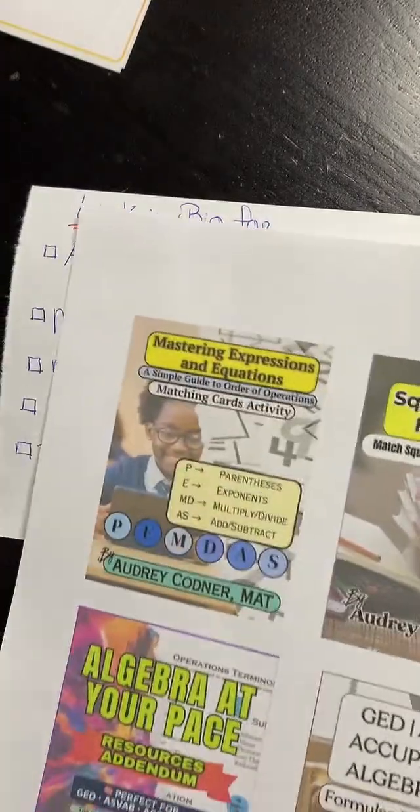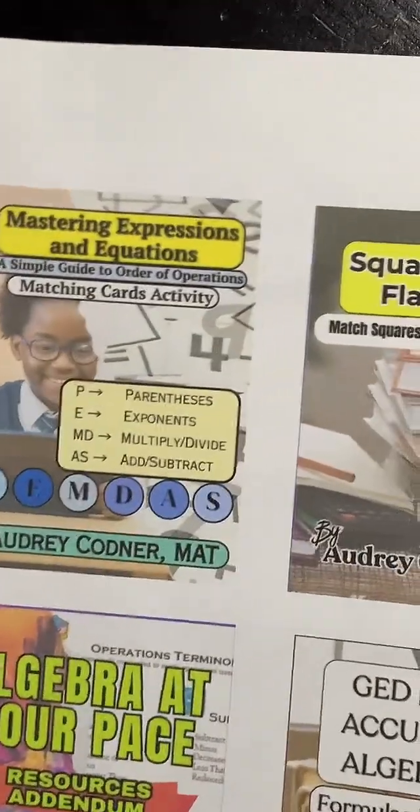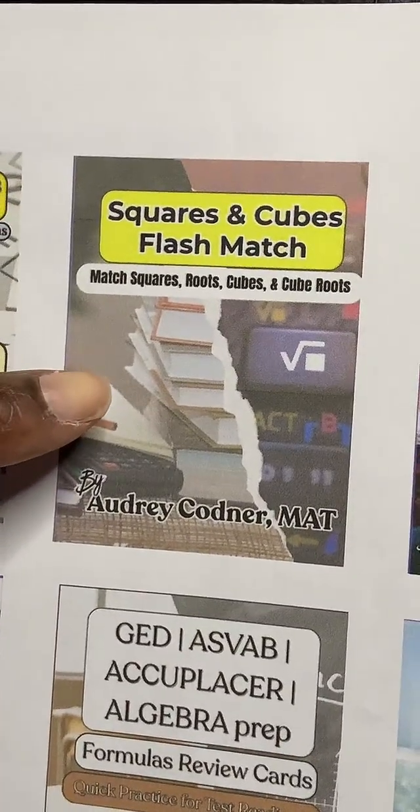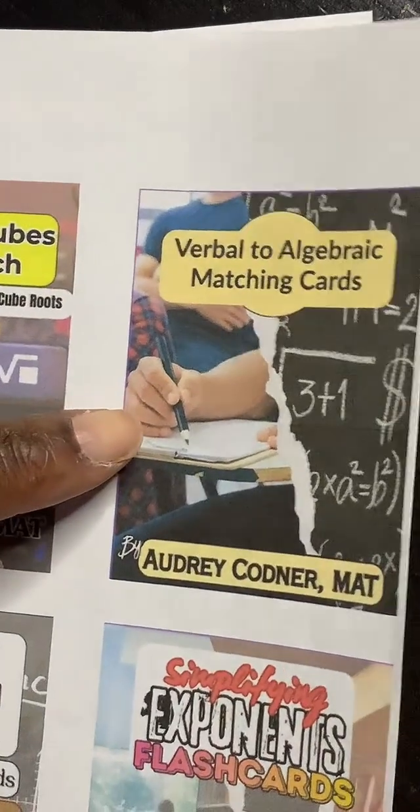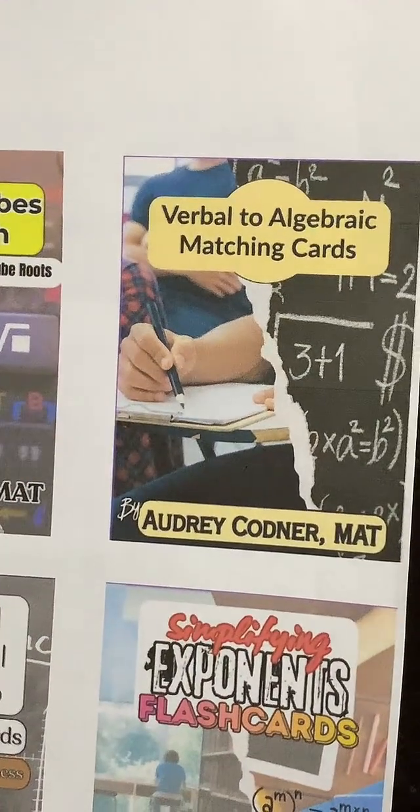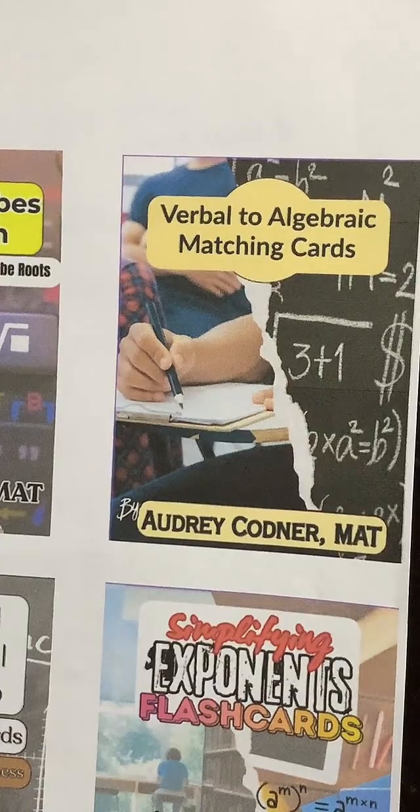I know this is the hard part here. If you struggle with your squares, your cubes, and you want to use flashcards, you can do that. We got the verbal to algebraic matching cards. What I mean by that is if you struggle with word problems, I got some matching cards that can help you out, because certain words have certain phrases.